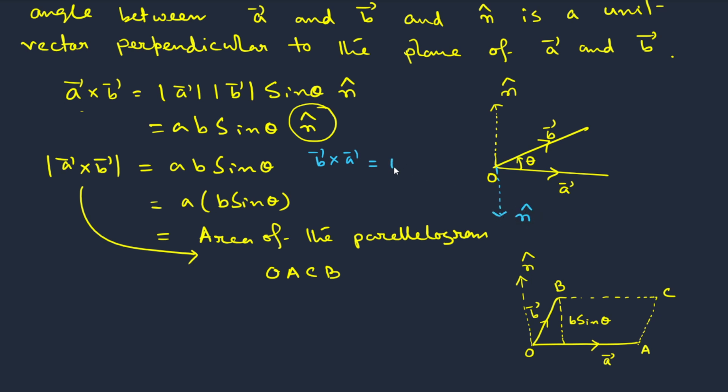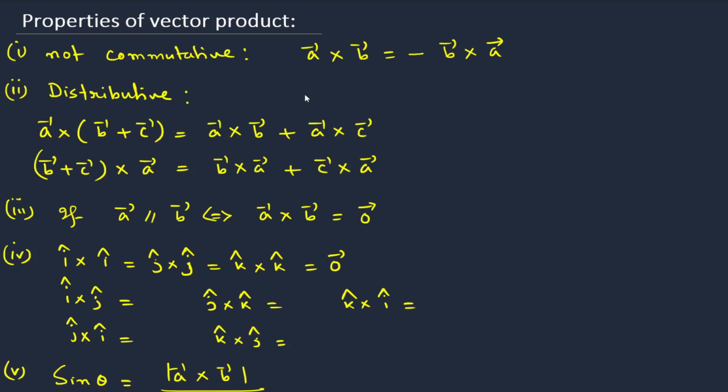So we get modulus b bar, modulus a bar, sine theta, and then minus n cap. Here you have plus n cap, here you have minus n cap. That's why a cross b is not equal to b cross a, due to one extra negative sign. So a cross b equals minus b cross a.